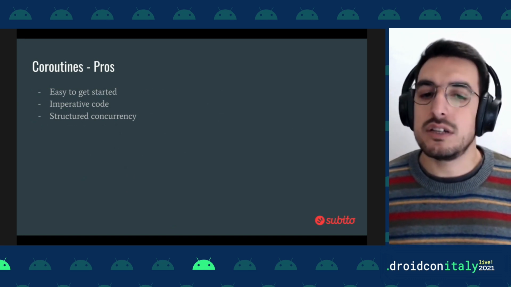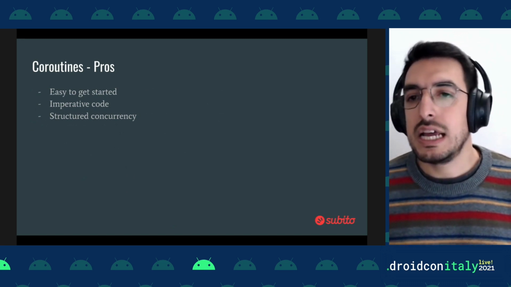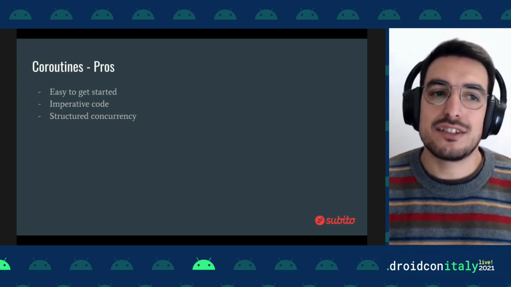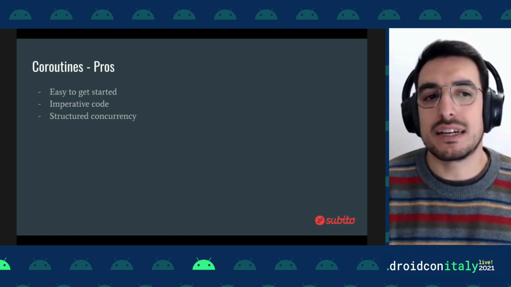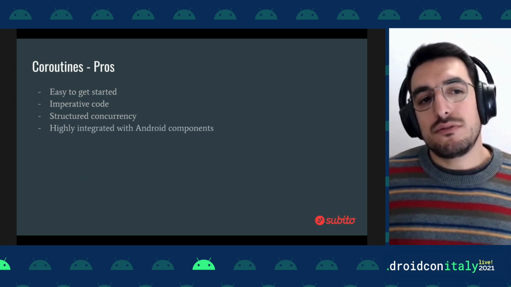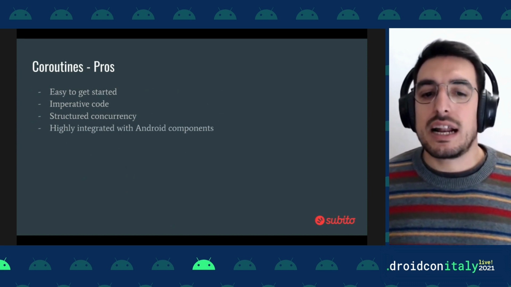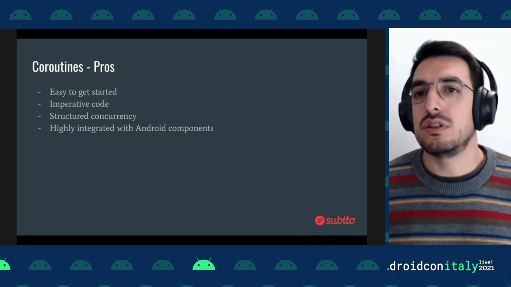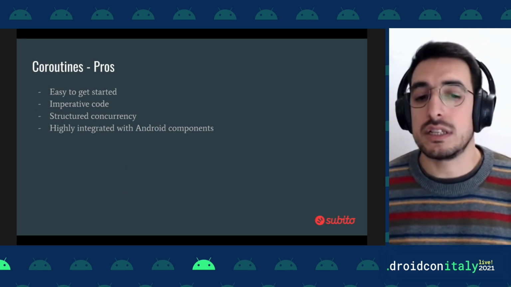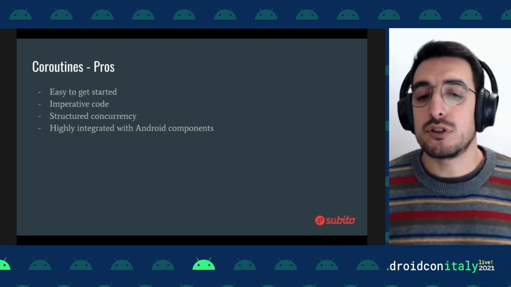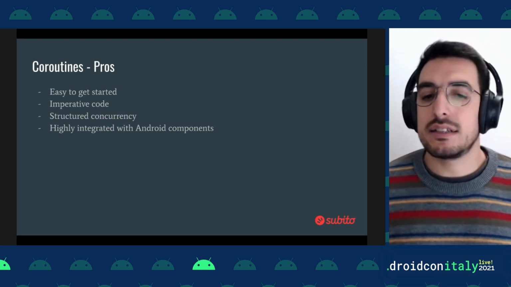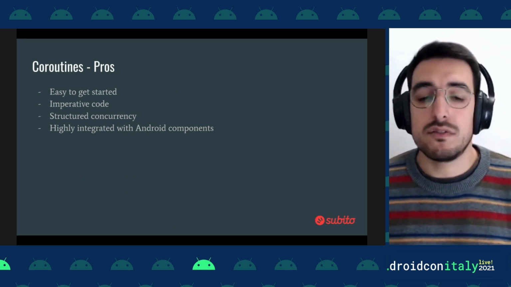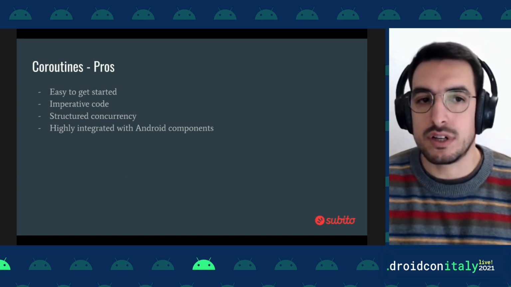So in this way, you are sure that each coroutine has a delimited lifetime, and so you avoid memory leaks. And also, coroutines are highly integrated with the Android components. In the example above, you saw that we launch our coroutine inside a viewModelScope. So it is bound to the life cycle of the fragment or the activity, for example.